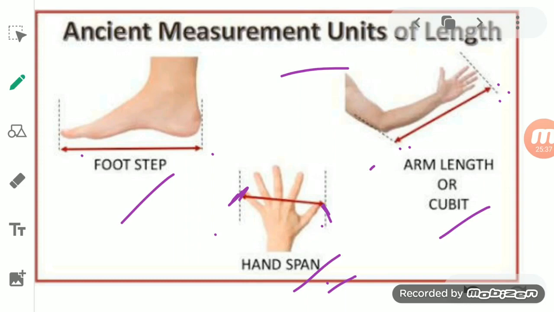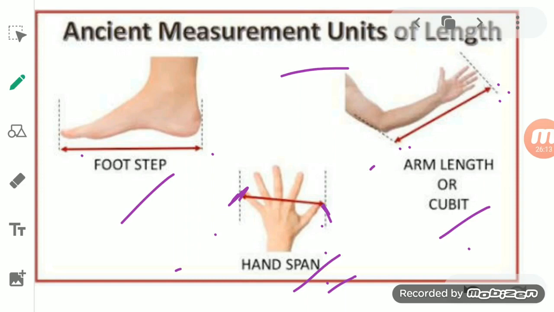Now, do you think the units that we were using in ancient times were reliable, or that they gave a correct measurement? No, these units of measurement are not reliable, because the hand span, the foot step, and the cubit, all these body part lengths vary from person to person.